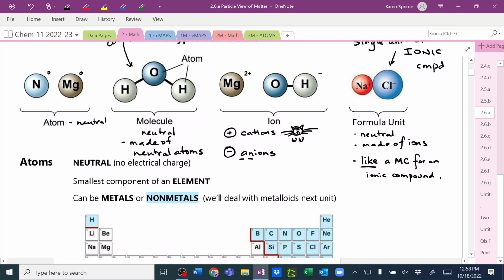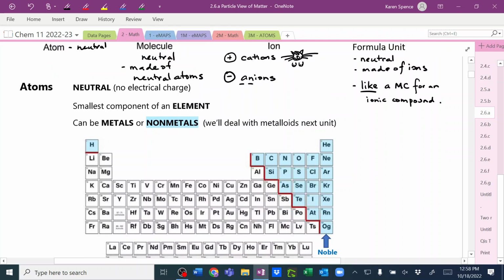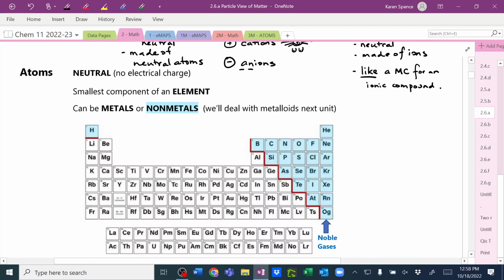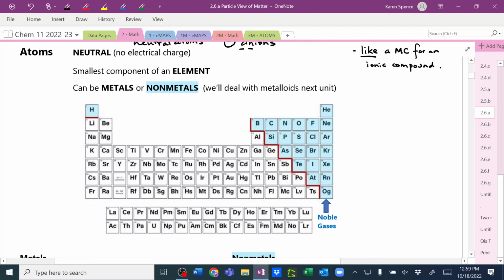So an atom is the smallest component of an element. They can be metals or they can be nonmetals. Do you remember your staircase on the periodic table? What you do to draw the staircase is you start up at the corner of boron and you go down, and then you go across, and then you go down, and then you go to the right, and then down and to the right, down to the right, down to the right, down, and then we're done.